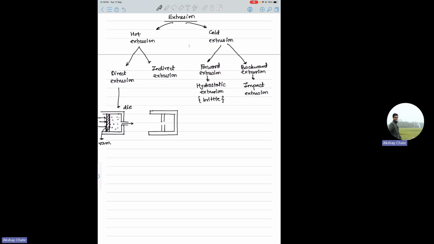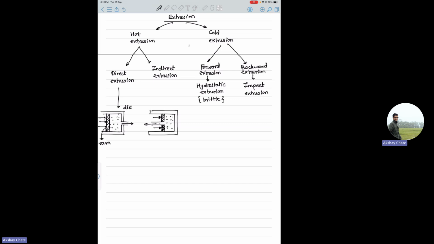You press it like this, but because of the opening between the ram, this is your ram and this is your liquid material which comes out in the opposite direction. So that's why this is called direct and indirect. That's the only difference, nothing major.